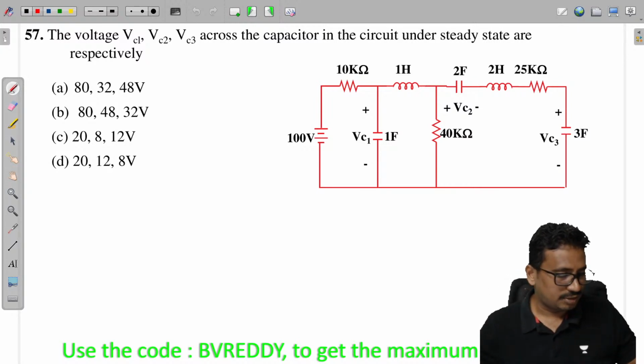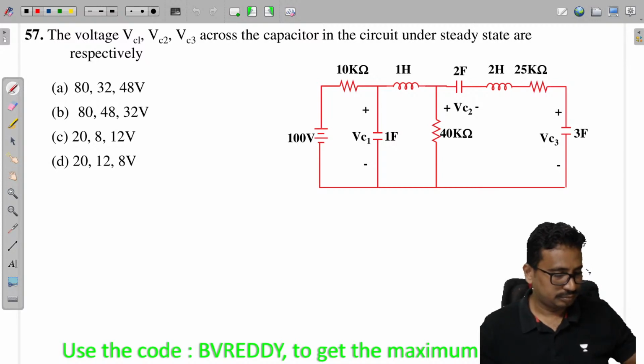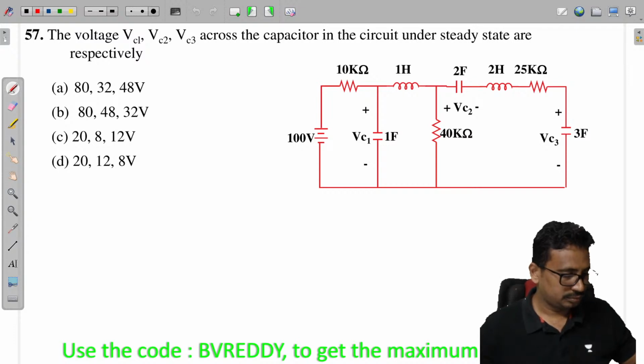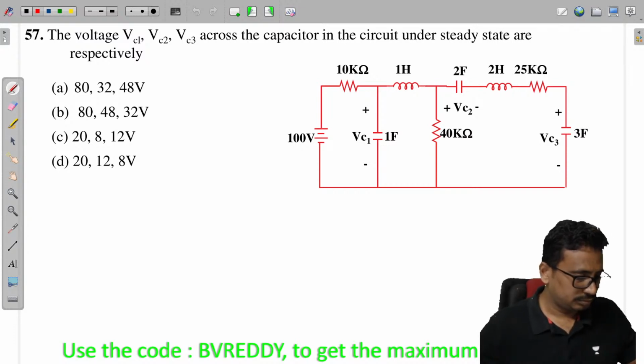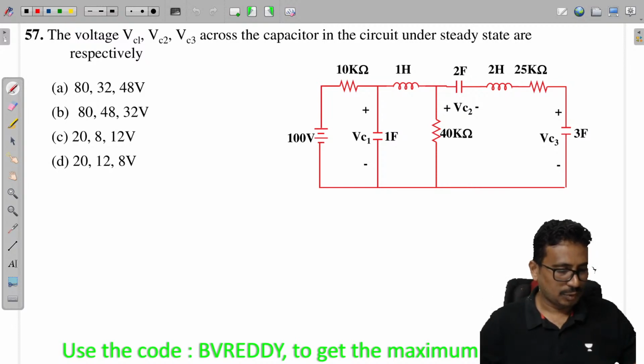Yes, and see this problem. Now try this problem.